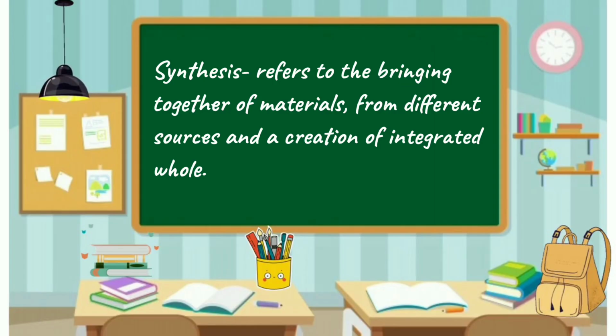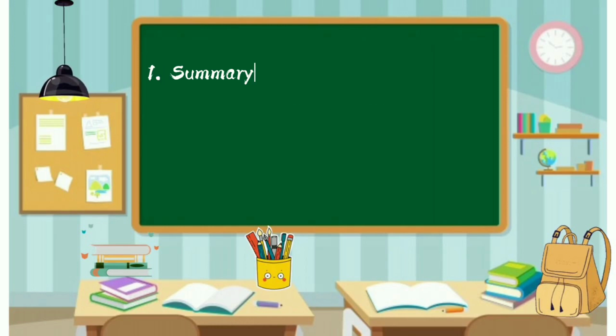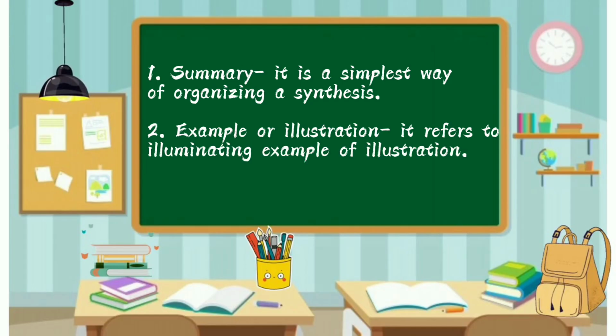Synthesis refers to the bringing together of materials from different sources and creation of an integrated whole. Techniques for writing synthesis. First is a summary. It is the simplest way of organizing a synthesis. Here you write the most relevant information. Second, example or illustration.